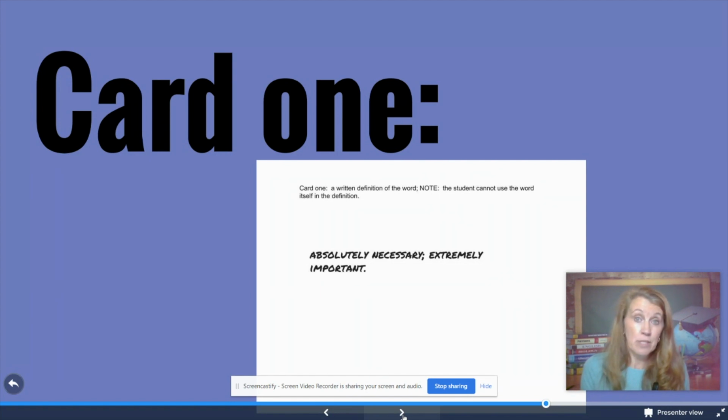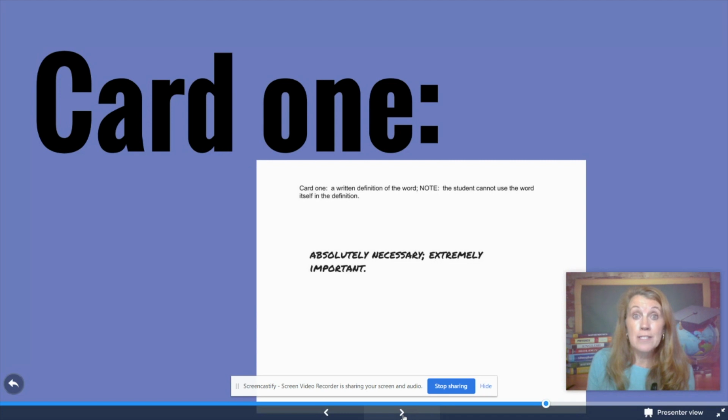On this example of card 1, I have not written my term. I've just given a definition of the term. Be sure to make sure students understand they do not write the term that they have been given anywhere on any card. Also, do not put their names on the card.